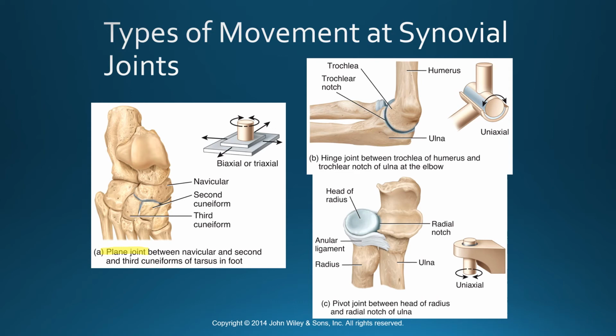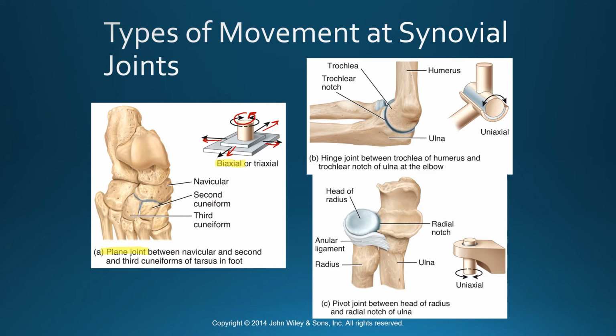So you have this back and forth, and also side to side, but then they can also rotate or turn on themselves as well. So plane joints, because of this, are termed biaxial, meaning that they permit movement in 2 axes. An axis is a straight line around which a bone rotates or slides.